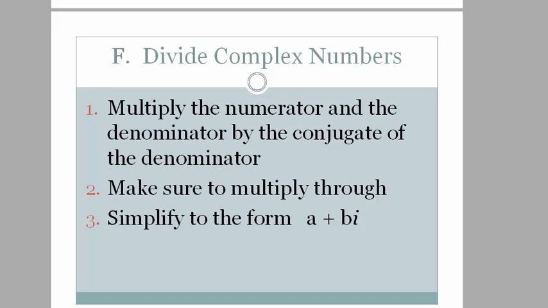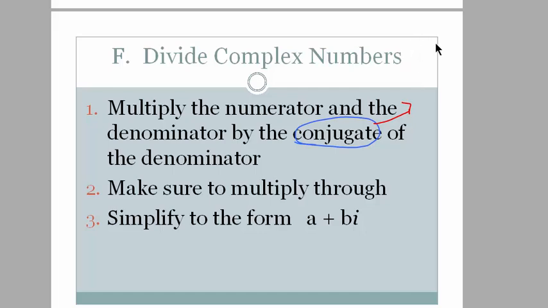All right, let's look at dividing complex numbers. When we're dividing complex numbers, you have to multiply the numerator and the denominator by the conjugate of the denominator. It's always the conjugate of the denominator. The conjugate is the opposite of the imaginary part.